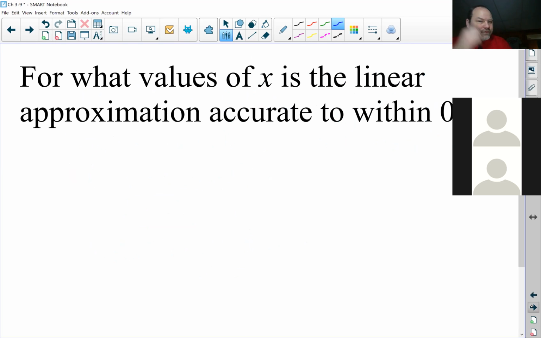All right. For what value of x is the linear approximation accurate to within a half? So this is a little bit more interesting.